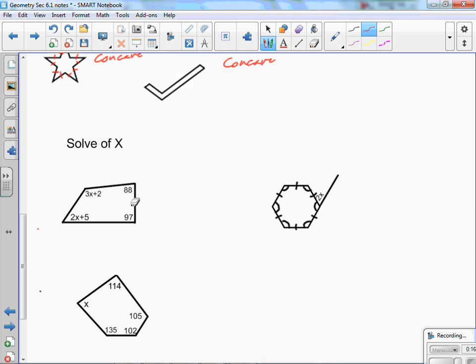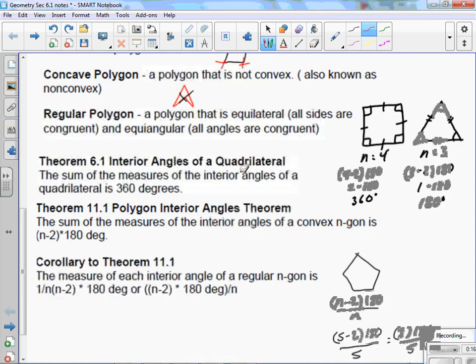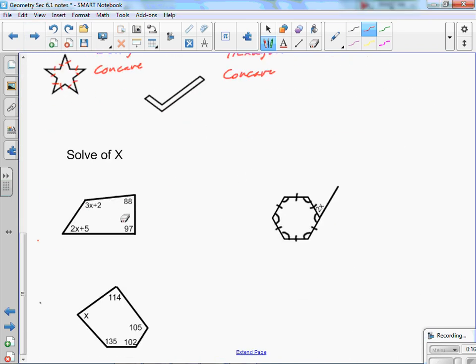Since this has 4 sides, that fits the interior angles of a quadrilateral theorem, which says that those angles add up to 360 degrees. So we know all 4 of these angles have to add up to 360.